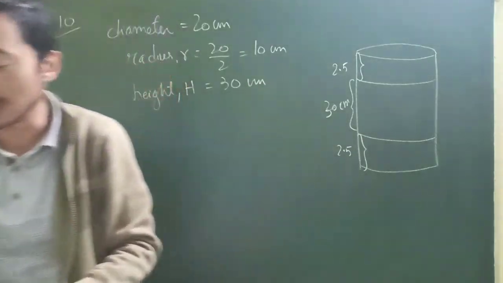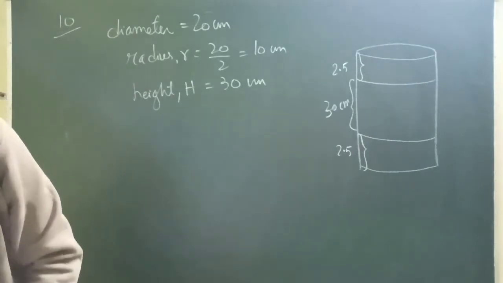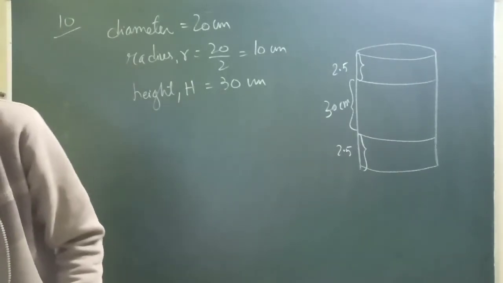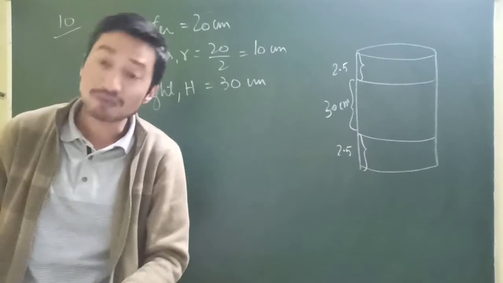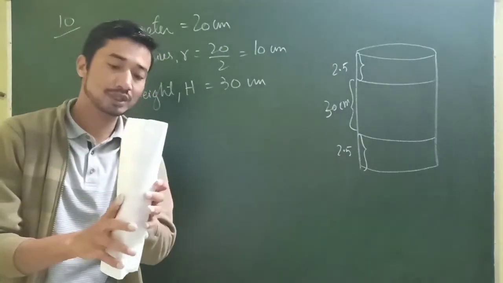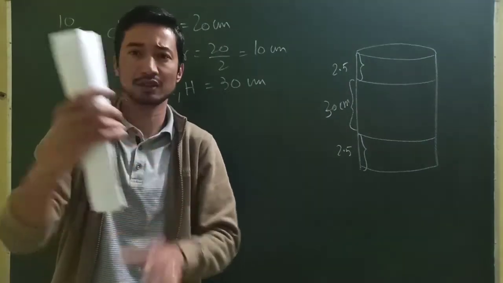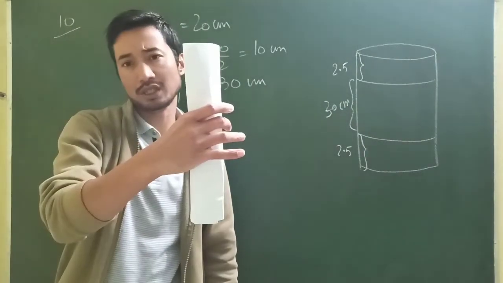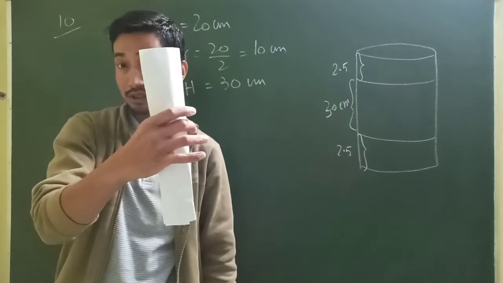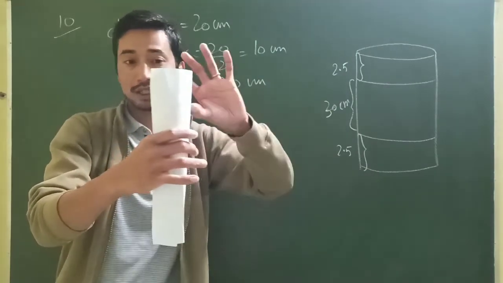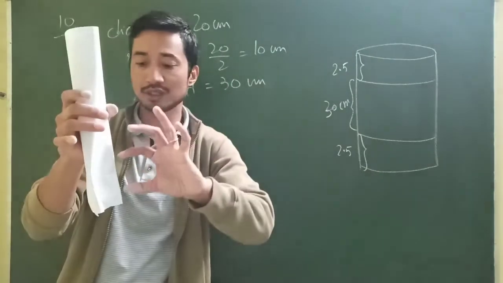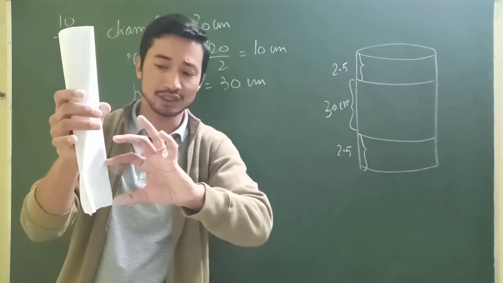So that's the question here. Now the question is, how much cloth is required for covering the lampshade? So of course we can just treat this as a complete cylinder, isn't it? Simple as that, a complete cylinder. It's just that this much portion is left, this much portion is also left.